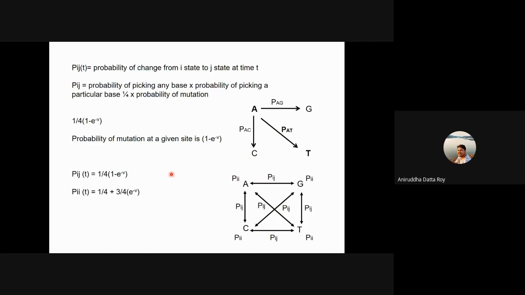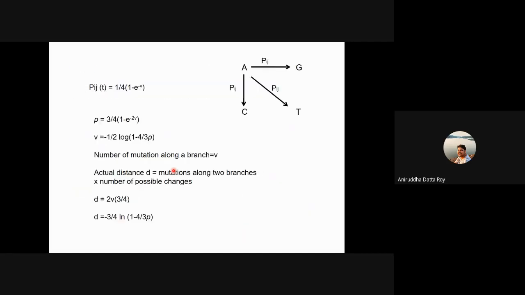As long as you understand that Pij is the probability of change from one base to another base given time t, and that is given by this, and Pii is the probability of no change given time t, and that is given by this, we are good. But also remember that you're looking at it only in one sequence. You're not comparing sequences yet. You will compare sequences here, when you look at two different sequences.